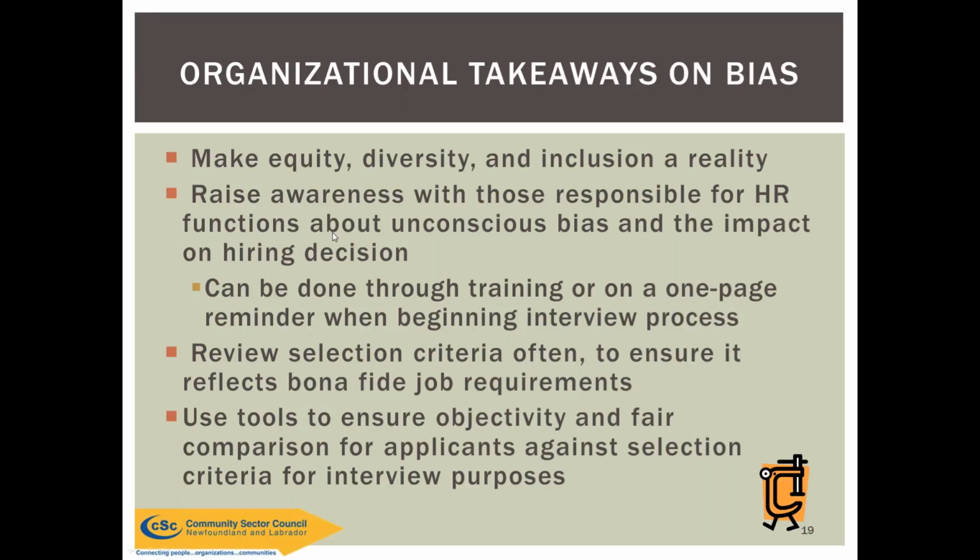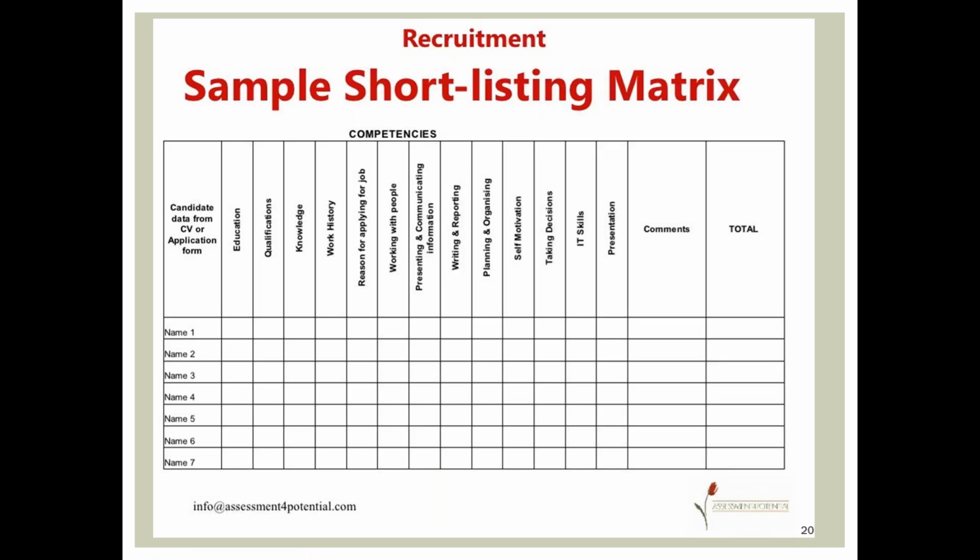A tool could also be a simple screening matrix, to ensure you're fair in your process. This is an actual example, with the source on the bottom there, of a shortlisting matrix. If you're finding it really tough and you have 7 candidates and you don't know which ones to move through the short list or the very short list, then you can go through a screening matrix like this.